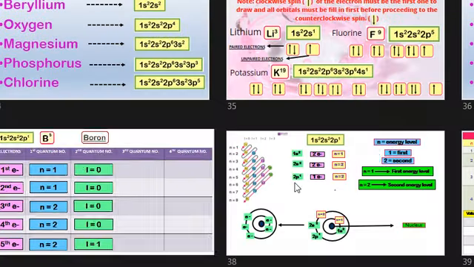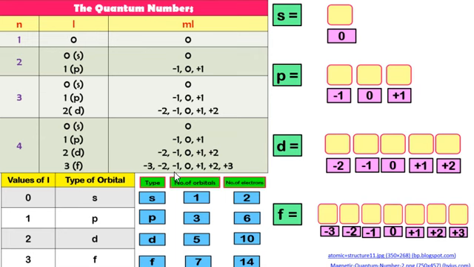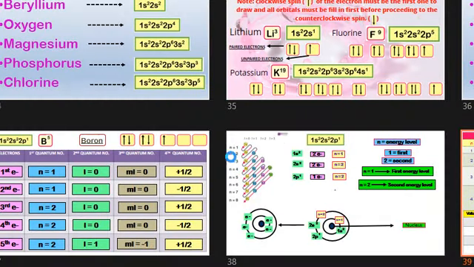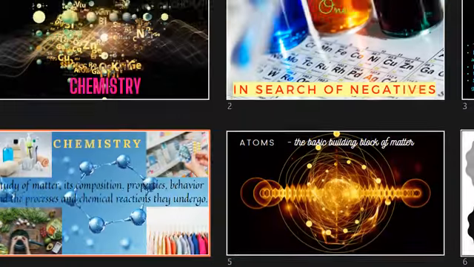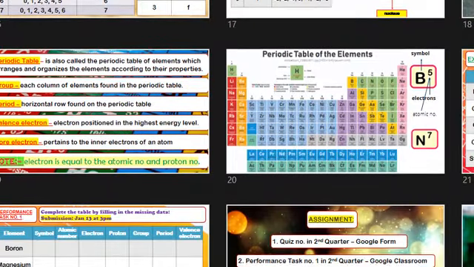As you see in the previous table, this table will help you find the second and third, or the L and ML, quantum numbers. So let us apply this table to complete the ML for the given element, which is boron.